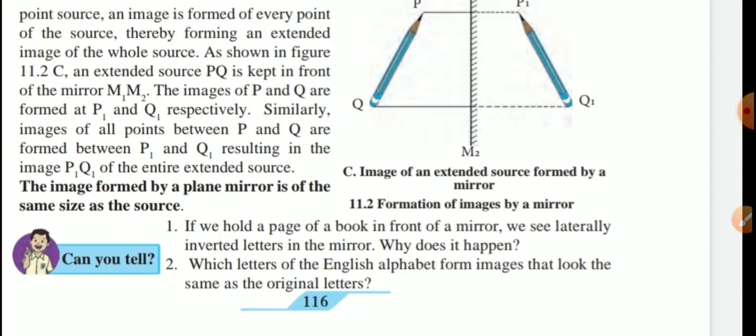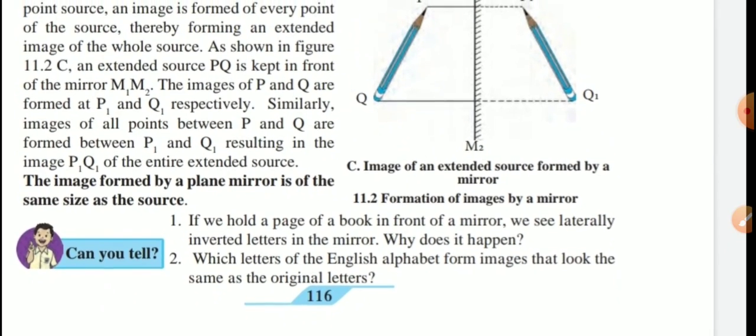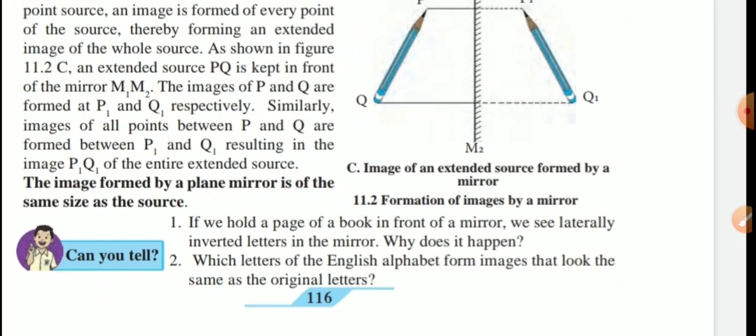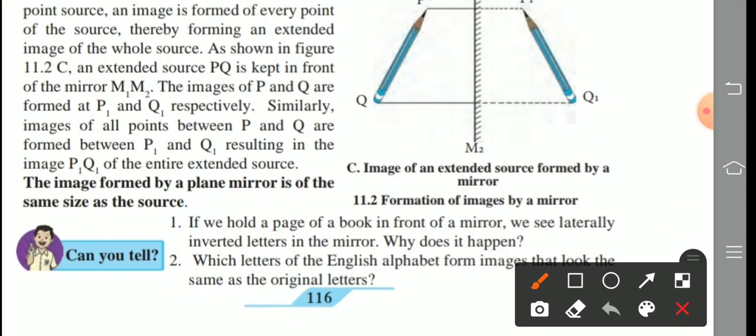And second, which letters of the English alphabet form images that look the same as the original letter? For example, if we write capital A in a bigger font size on a paper, and keep that paper in front of the mirror, you read the image of this A in the mirror. See that?